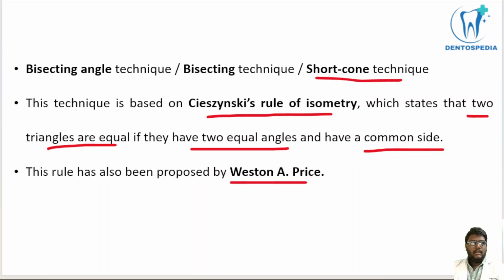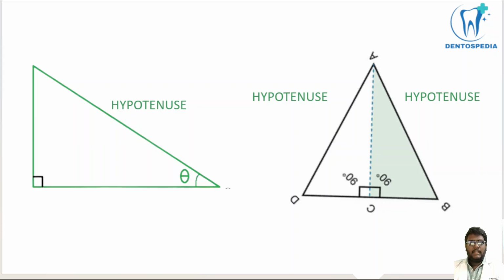Suppose this is a right-angled triangle having an angle of 90 degrees, and if we place the two triangles side by side, they have a common side and two equal angles, that is 90 degrees. So now we can say this figure follows the rule of isometry. Also, in a right-angled triangle, this is the longest side, called the hypotenuse, and this is called the base of the triangle.